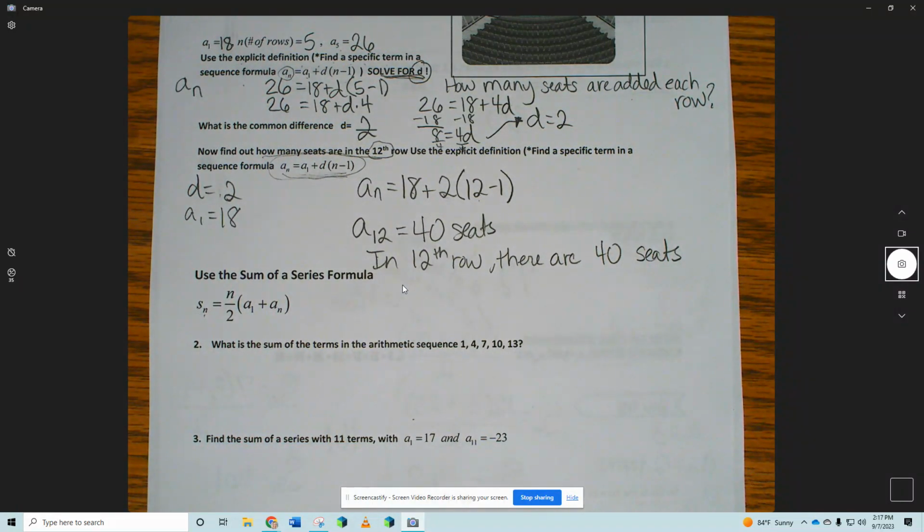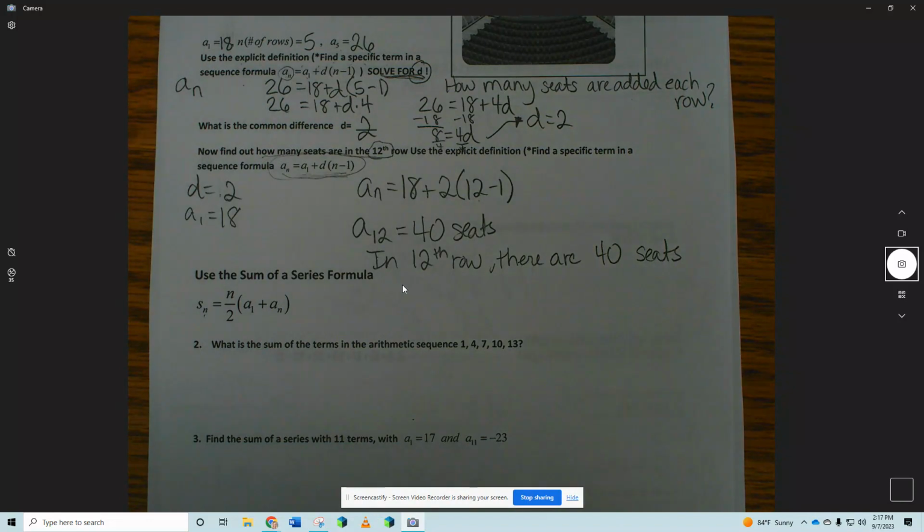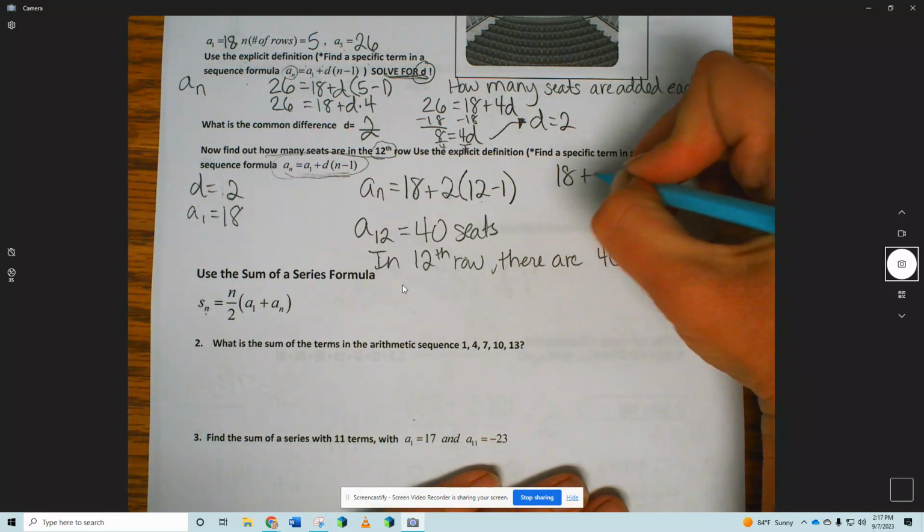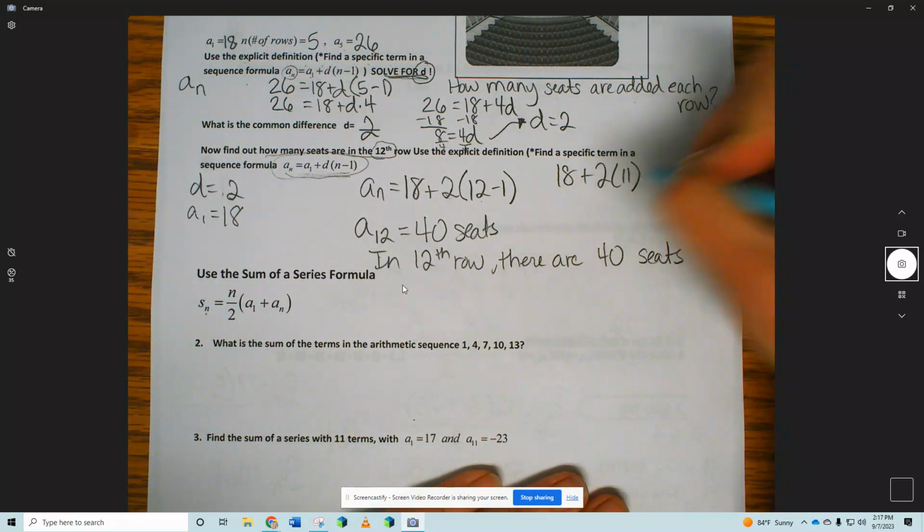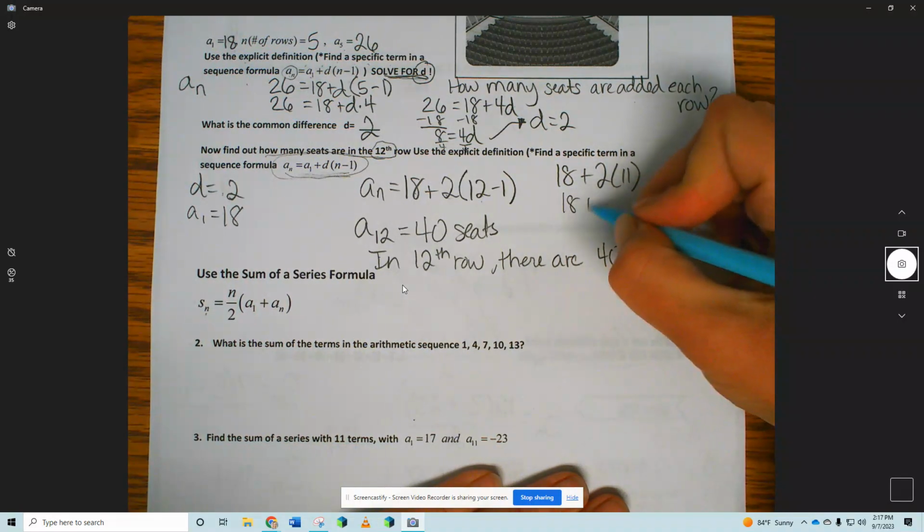I'm not going to want to draw a diagram with little dots to try and figure out what the stadium or the theater is going to look like. So this formula can tell me, if I want 20 rows, if I want 50 rows, how many seats are going to have to be in that 50th row? That's what this formula is good for. I got 18 plus 2 times 11. 18 plus 22.